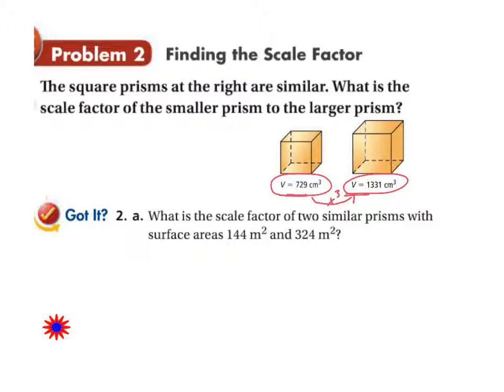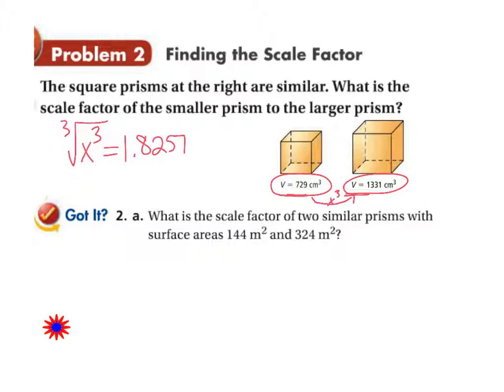Okay, so let's see what that would be. I'm going to take my 1331 and divide it by 729. And I get some crazy ugly number. But I know that x cubed would have to equal 1.8257 and more and more.